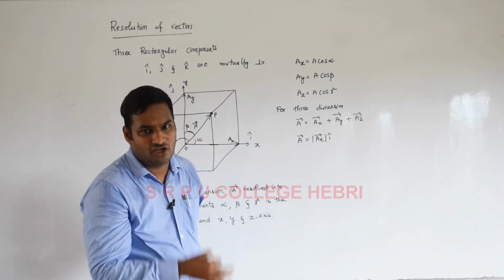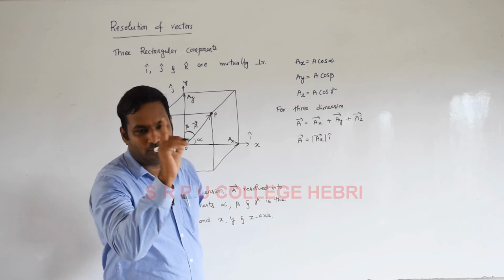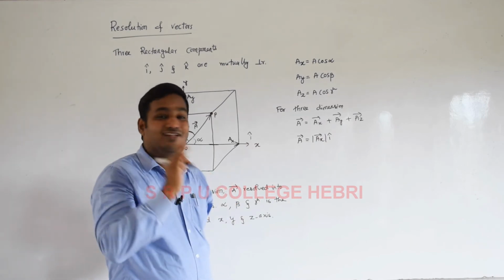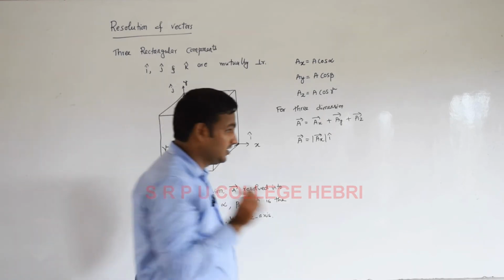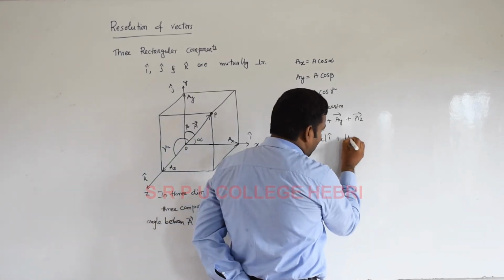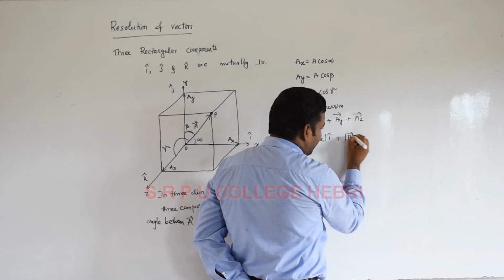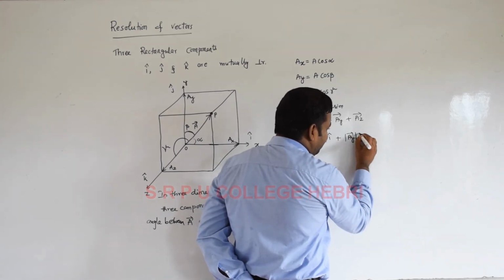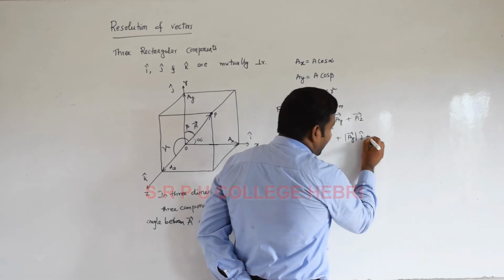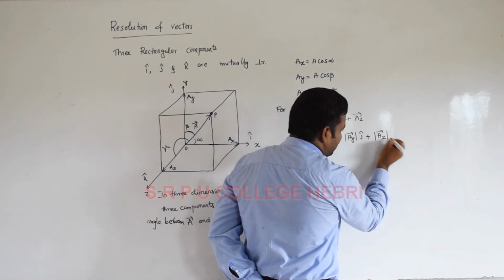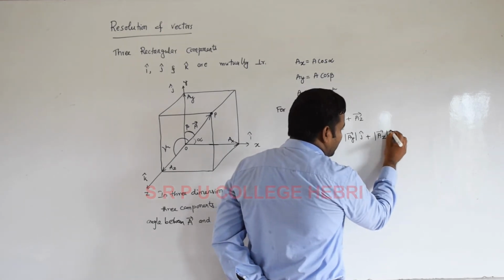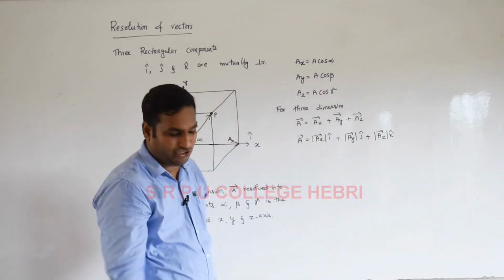Along the x-axis i cap, a unit vector whose value is equal to 1. Multiplying it doesn't change the answer, but it provides a direction along the x-axis. Next, the magnitude of vector ay along the y-axis j cap. Next, the magnitude of vector A along the z-axis az, and the direction is k cap along the z-axis.